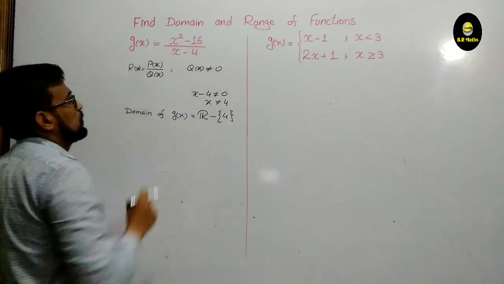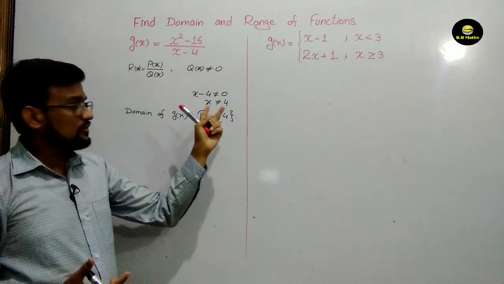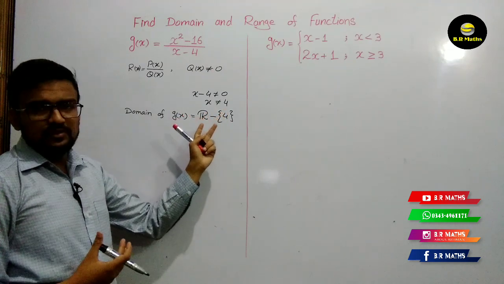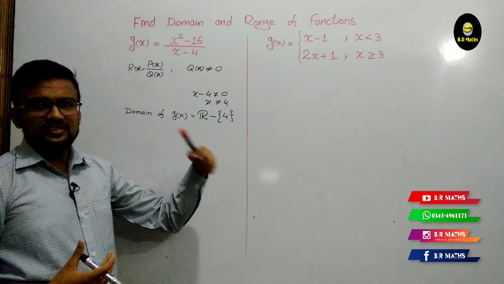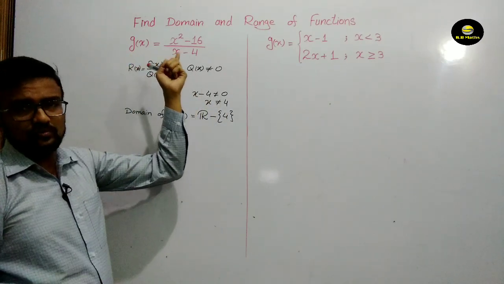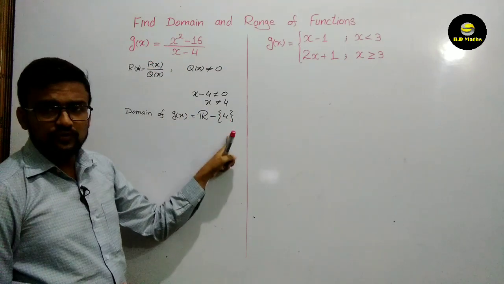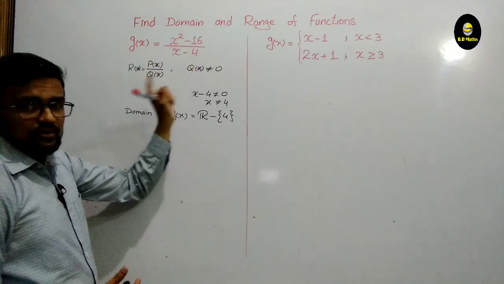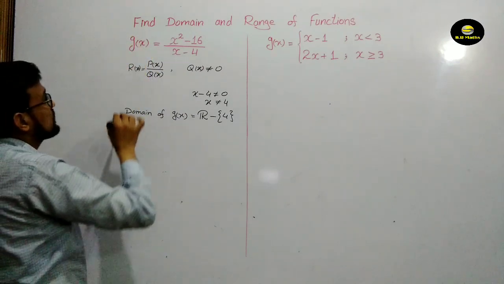Students, suppose that x equal to 4 does not belong to the domain. It means corresponding to this 4, the output of this function is also not found, because if you cannot use 4, some output cannot be obtained from this function.